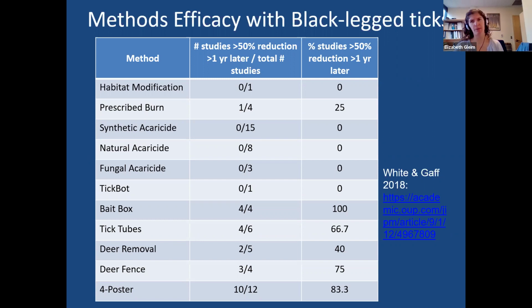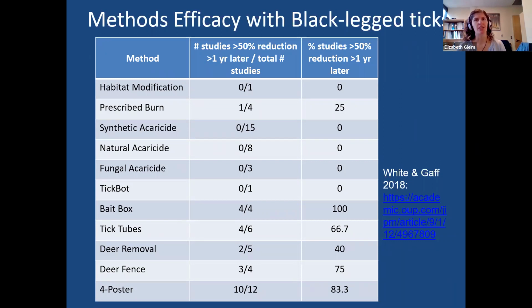This particular paper focused on the three most common human biting ticks in the eastern US: blacklegged ticks, Lone Star ticks, Amblyomma americanum, and the American dog tick, Dermacentor variabilis. There's tons of information in there, and I highly recommend you read it if you're interested. I tried to summarize the gobs of information in that review for you all today.